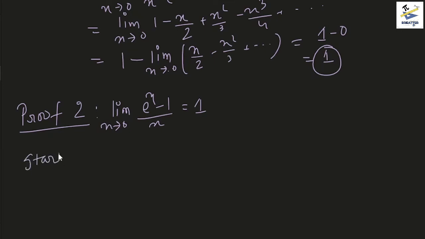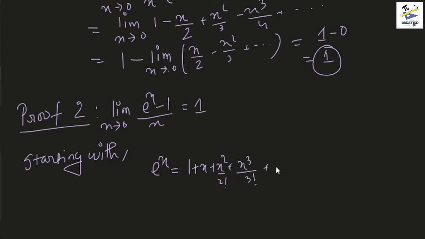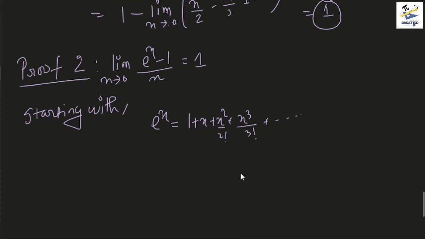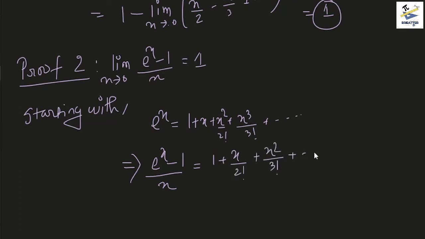So starting with e to the power x equals 1 plus x plus x square by 2 factorial plus x cube by 3 factorial and all the way, we can see that if we just take the 1 on the left hand side and divide by x, what we get is this: 1 plus x by 2 factorial plus x square by 3 factorial plus so on.